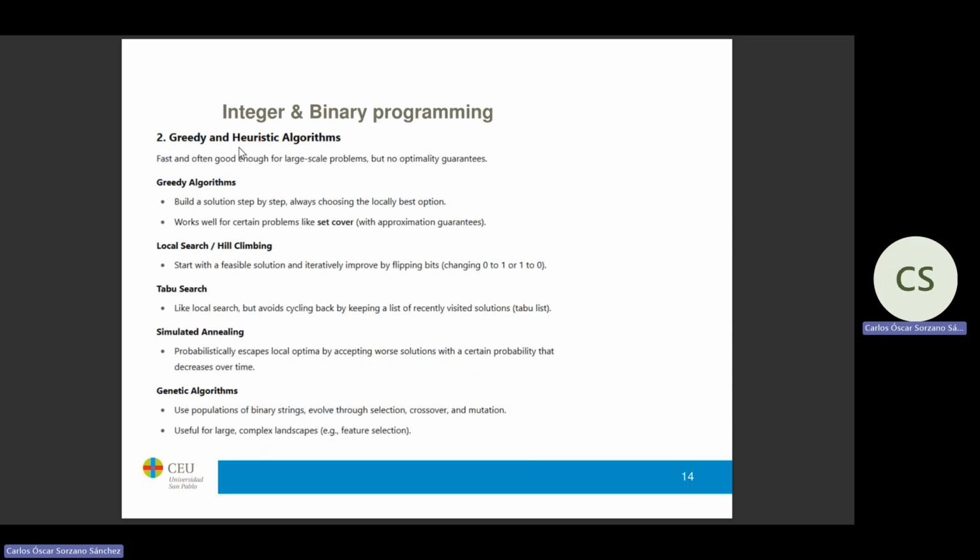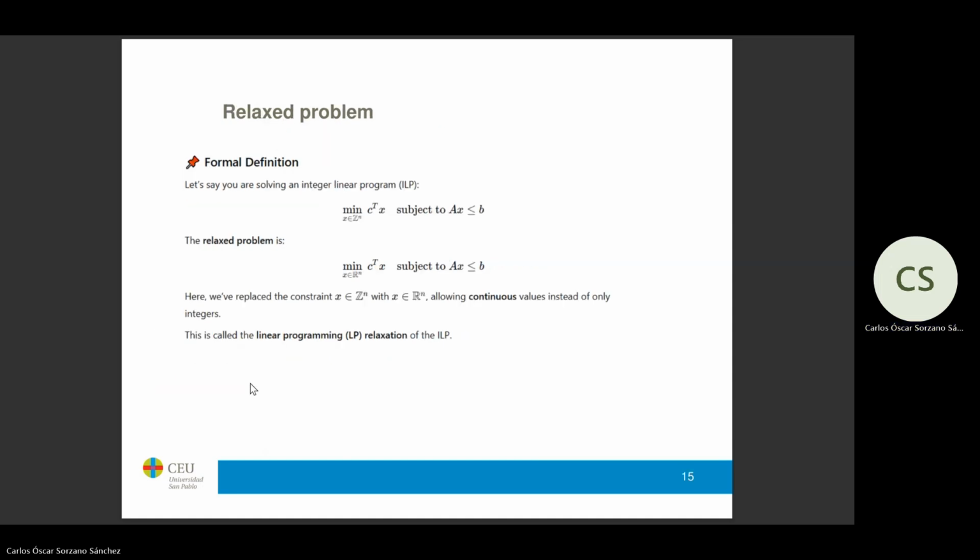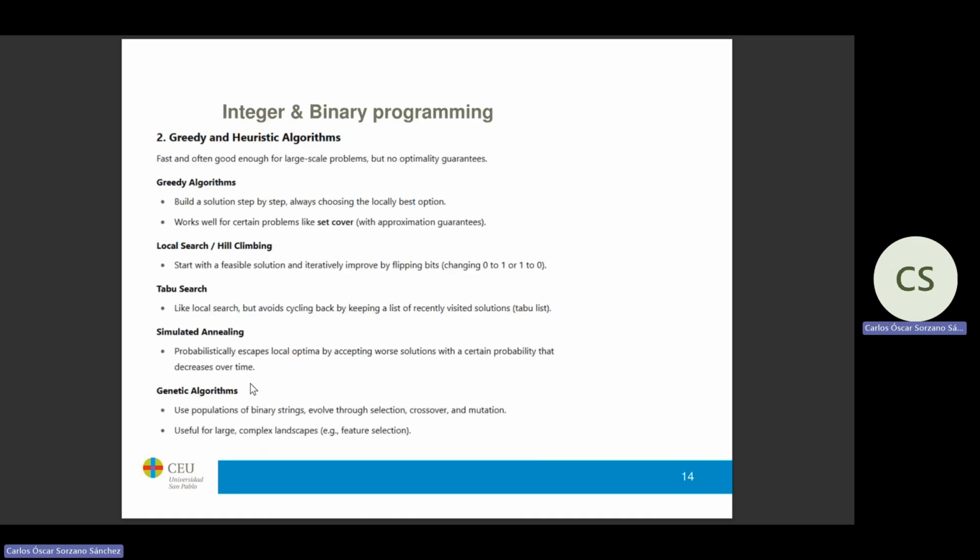This is especially good for very large problems, but they are not guaranteed to converge to the global optimum, only to a sufficiently useful optimum. We will see each one of these algorithms in more detail, so I will not comment on them now. Okay, any question here? No?